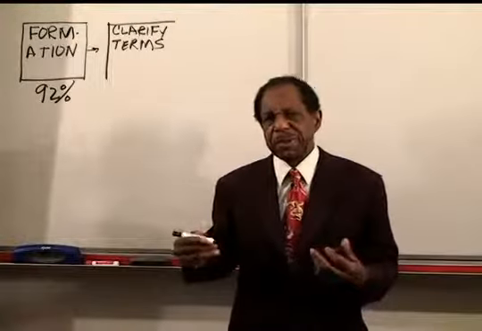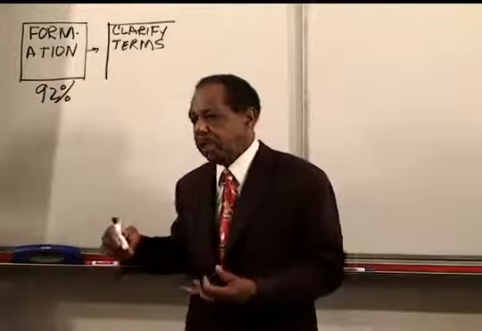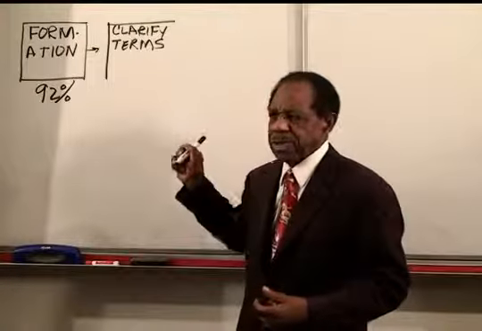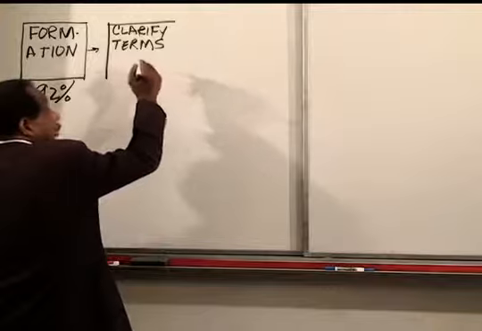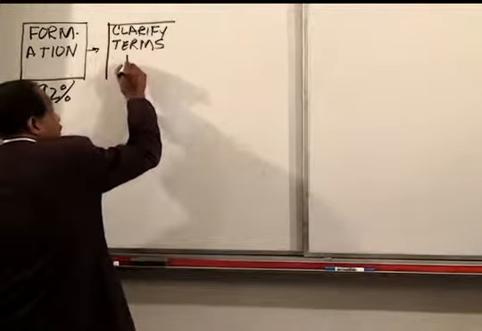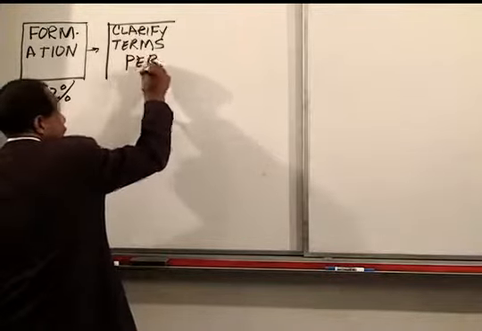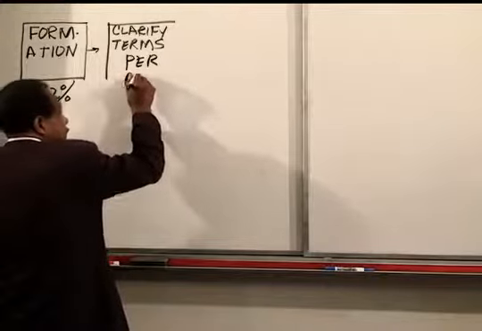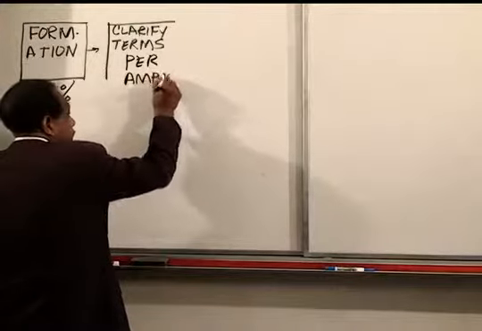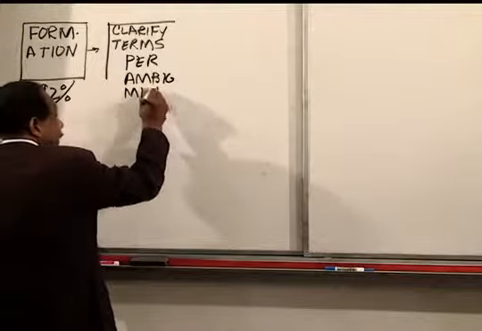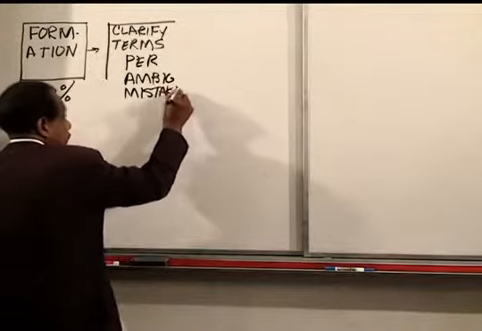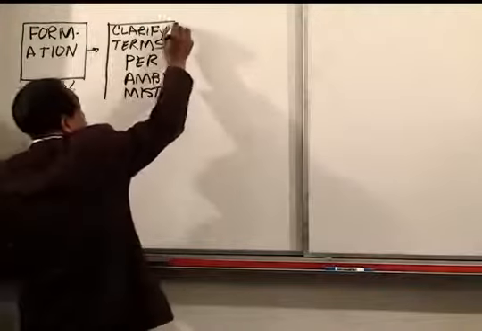And what I really mean is, what do you do in these 3 situations that I'm going to put on the board? Number 1, suppose there is the parole evidence rule. Number 2, ambiguity. And number 3, mistake.